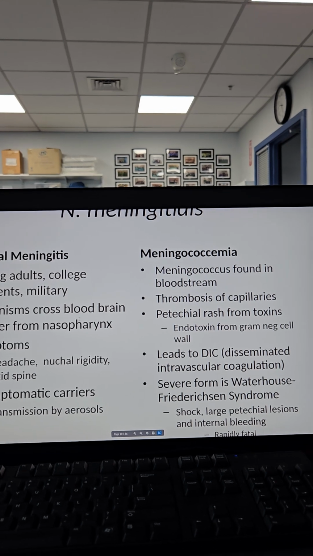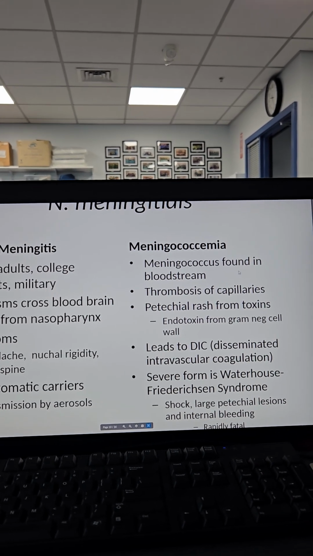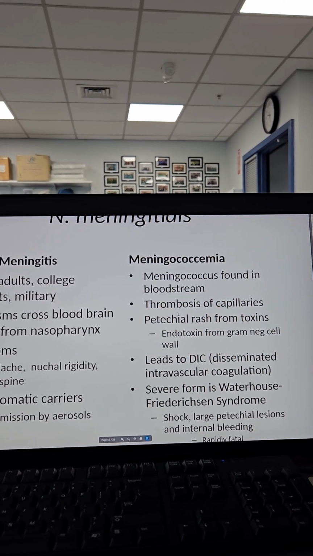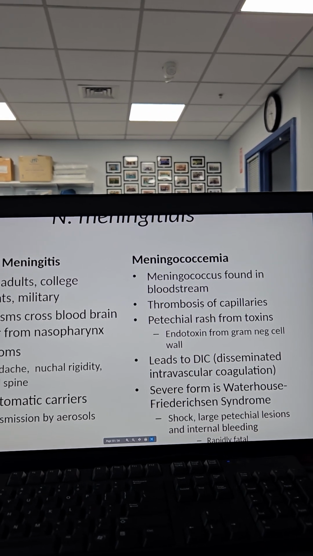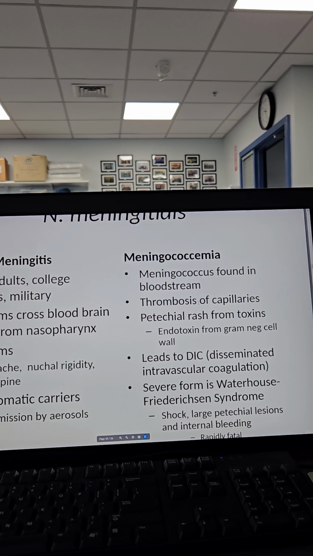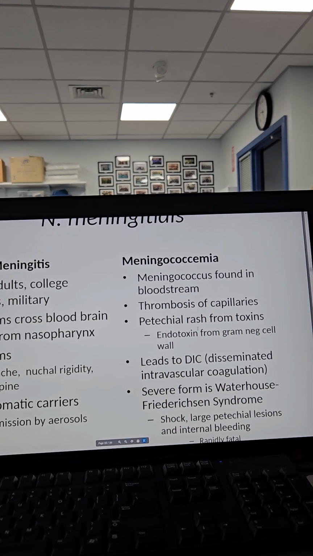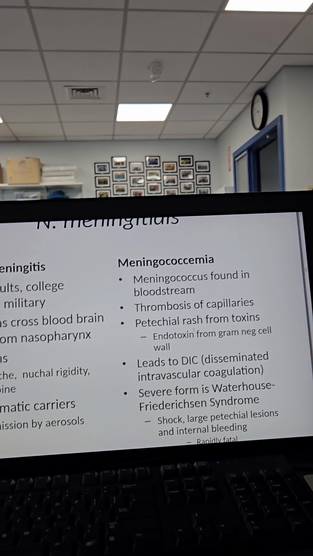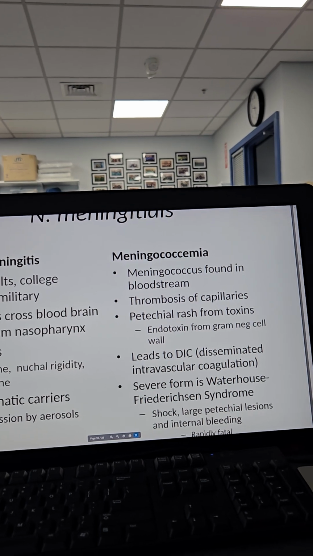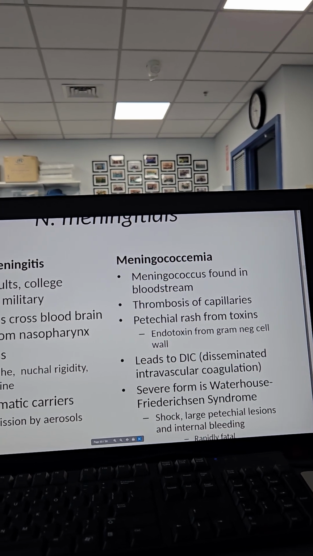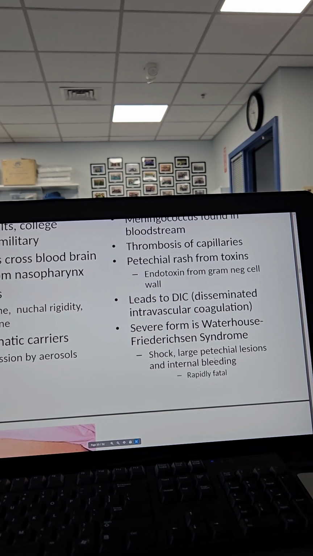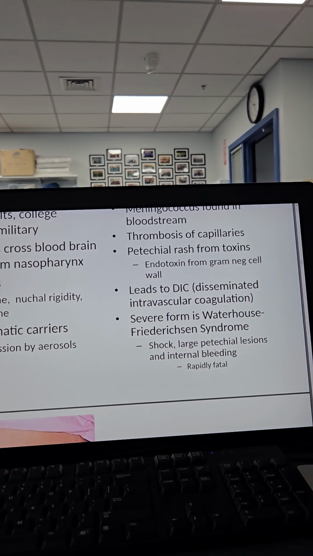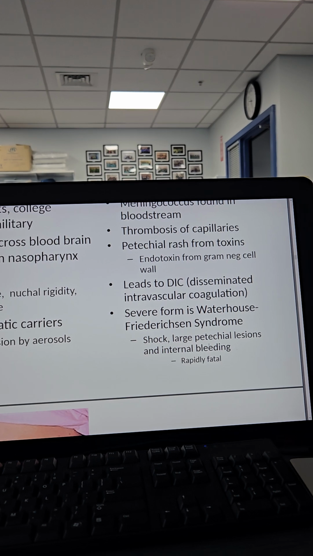Meningococcemia, so it can go to the cerebrospinal fluid, it can get into the bloodstream. In the bloodstream, it's almost like DIC, causes little thromboses in your capillaries, and you'll get a little petechial rash, and then all of a sudden it goes to DIC. And with the DIC, then you can actually get internal bleeding in the organs, and then the organs will shut down and you die.